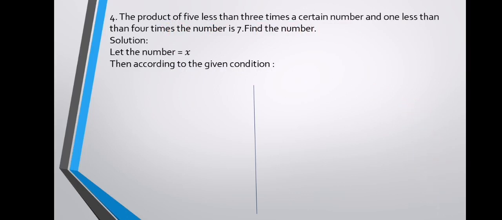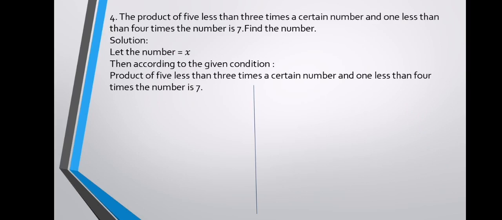So applying this condition mathematically, the product means we are going to multiply. Which things are we going to multiply? We are going to multiply 5 less than 3 times the number and 1 less than 4 times the number.